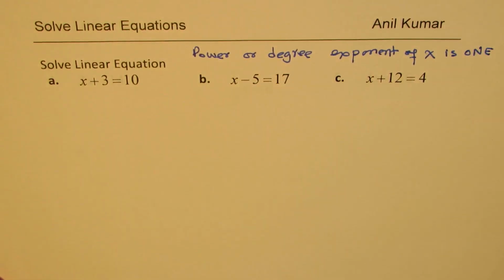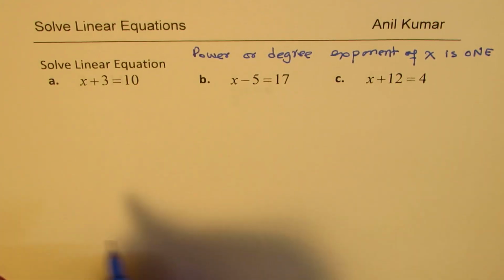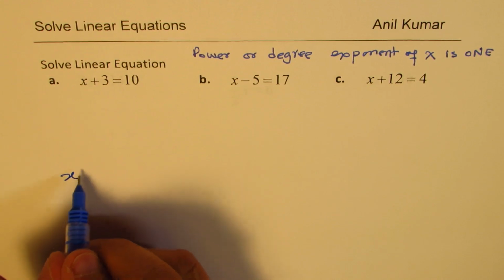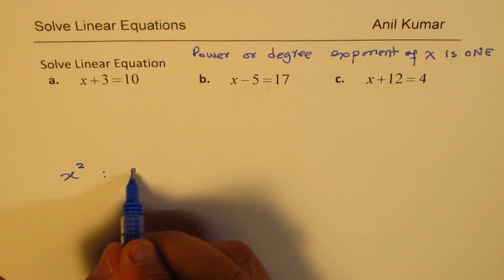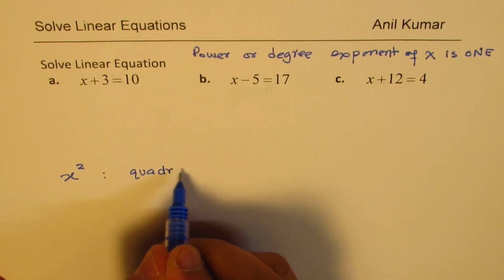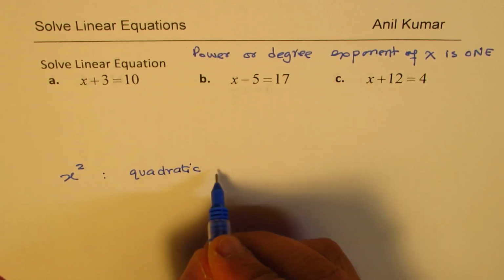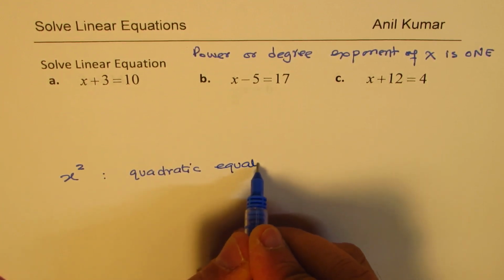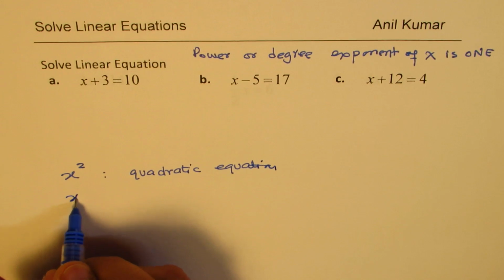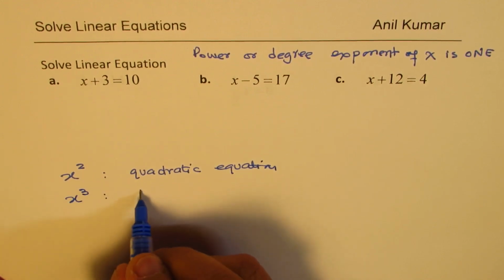So they are linear. So basically, if I say that we have an equation with x squared, then it becomes a quadratic equation. If I have x cubed, it becomes a cubic equation.